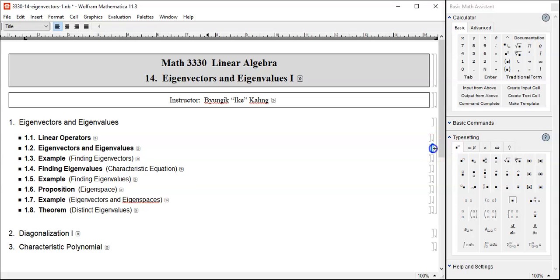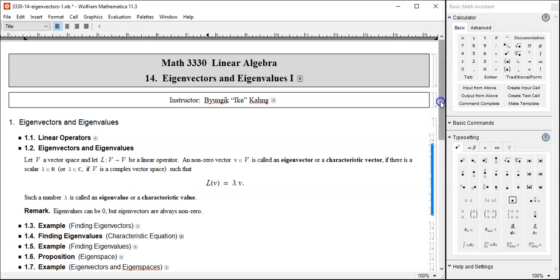Alright, so much for the preparation, and let's go to the definition. Let V be a vector space, and let L be a linear operator in V. A non-zero vector v is called an eigenvector if there is a scalar lambda such that L of v is equal to lambda times v.